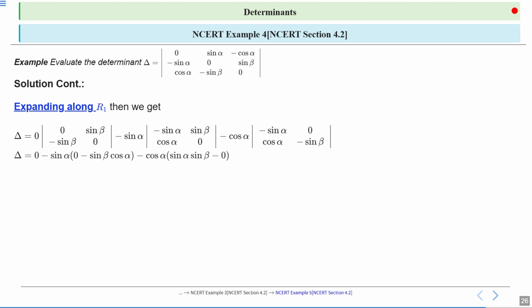So when we get the determinant of all these matrices of order 2 cross 2, for the first, 0 into the determinant of 0, sin beta, minus sin beta, 0, since we multiply with 0, we get 0.